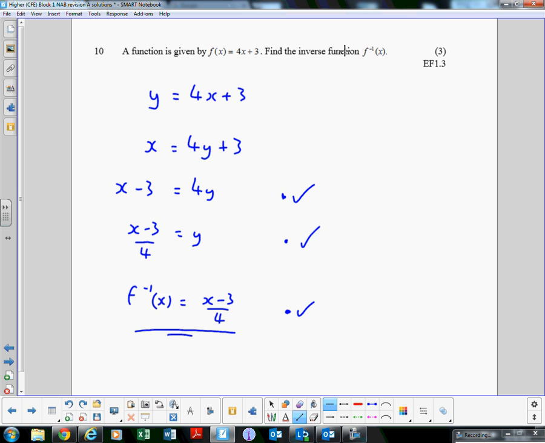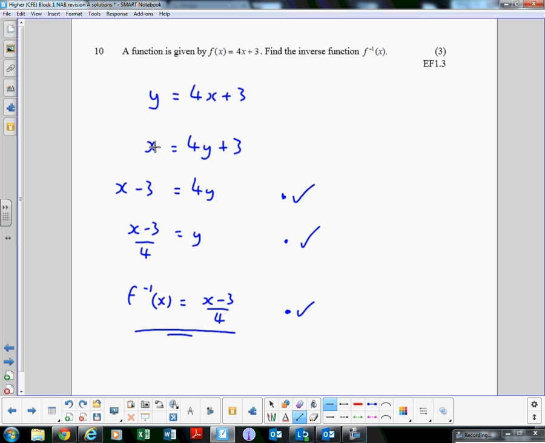Number 10, find the inverse function f to the -1 of x. A couple different ways of teaching this. Essentially, if we swap the x and the y's, so rather than y equals 4x plus 3, we have x equals 4y plus 3, and just rearrange to get this in terms of y.